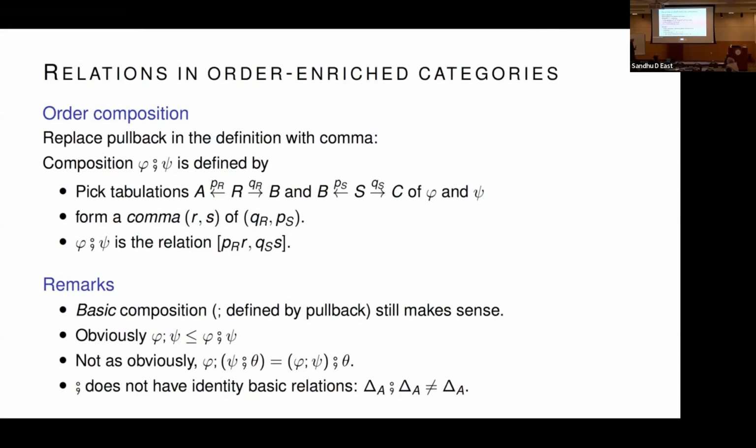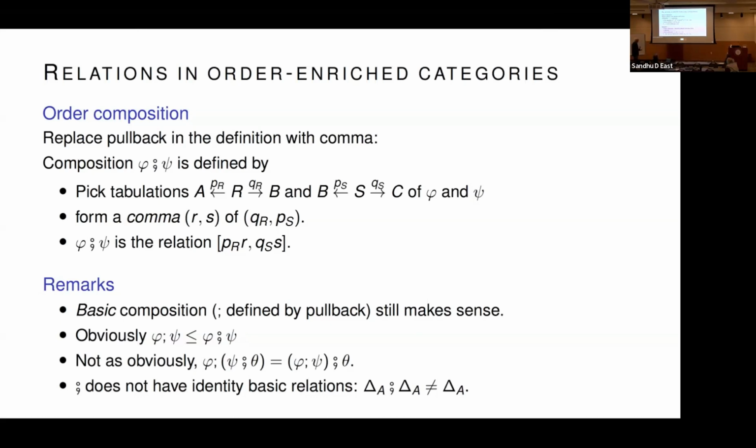So the small semicolon means make your composition by taking a pullback and then factoring, and this means take a comma and then factor. And it's very easy to see that that relation holds between those two things. You just have to sort of write it down. And it makes sense. And what isn't so obvious is this sort of funny associative law. But it works. You can figure that one out for yourselves.